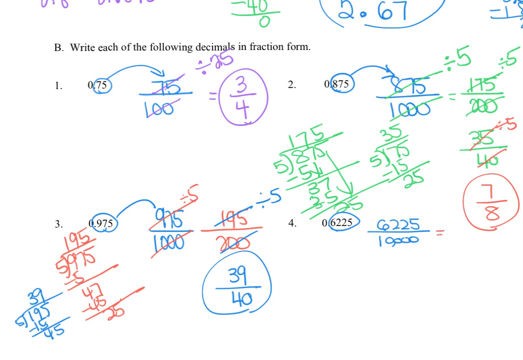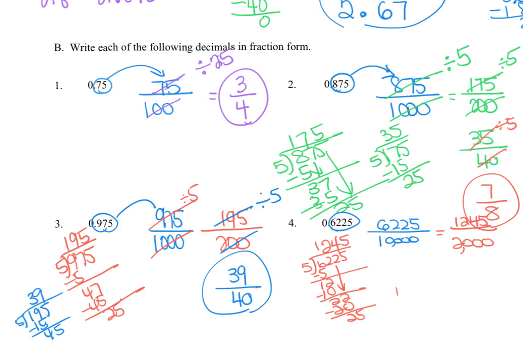So 10,000 divided by 5 is going to be 2,000 instead of 200 because I have that extra 0. If I do 6225 divided by 5, I get 1,245.